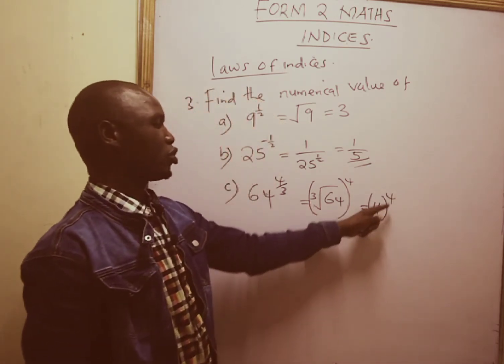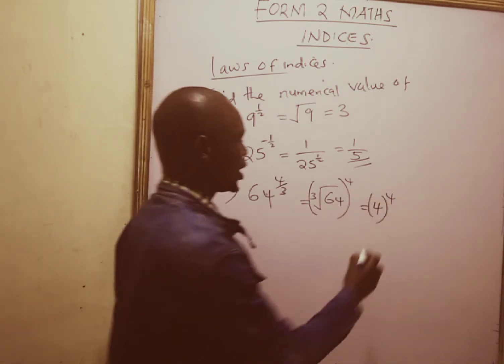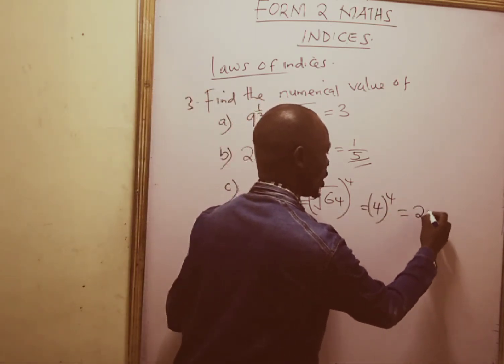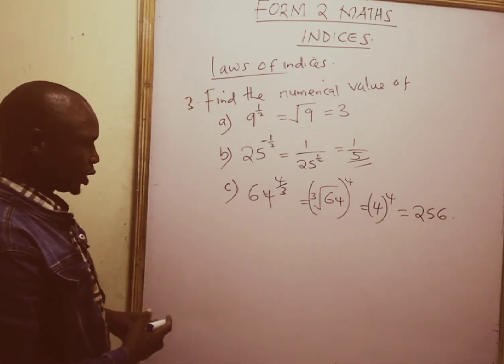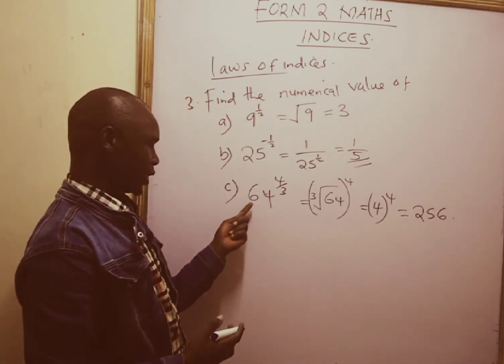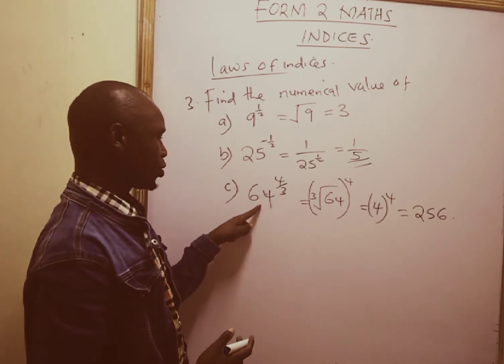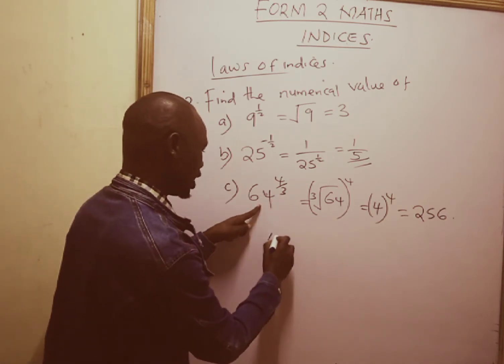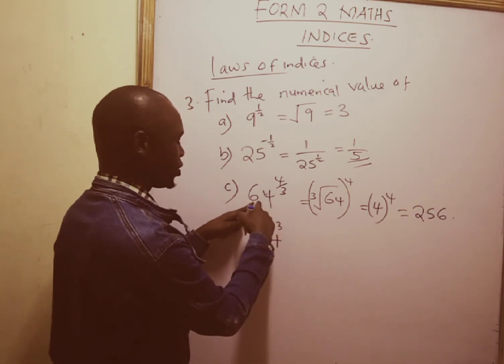4 raised to power 4 means you take 4 multiplied by itself 4 times, and this one is going to give us 256. Alternatively, you can ask yourself, which number are you going to raise by 3 to give you 64? Automatically that number will be 4, then you raise it to 3, it will give you 64.